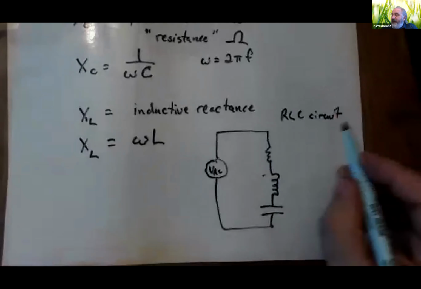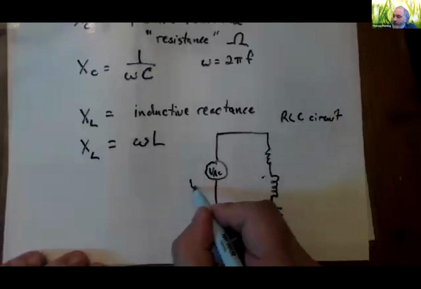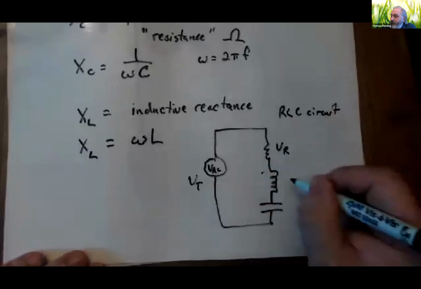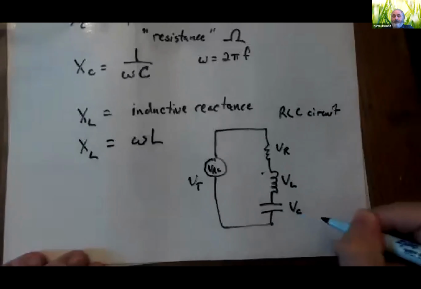Well, the loop rule just has here's my V total, and here's my voltage drop across the resistor, and here's a voltage drop across the inductor, and here's a voltage drop across the capacitor.